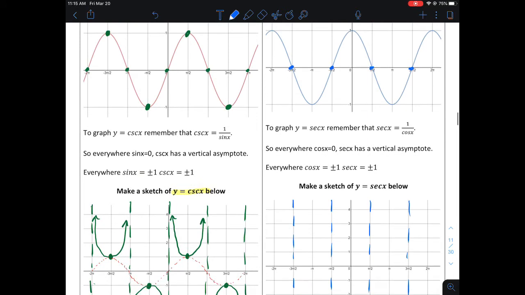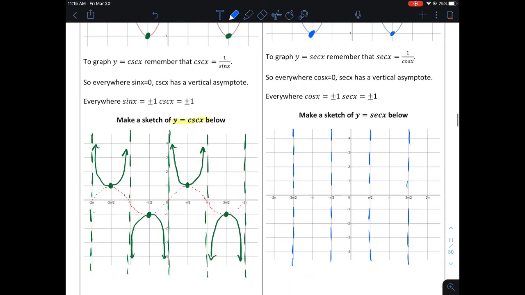Like sine and cosecant, cosine and secant share peaks together. So where cosine equaled 1 or negative 1, secant will do the same. So at all the whole pi's, they're going to share those points.